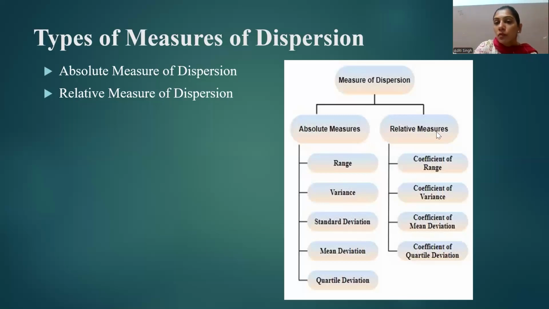If we talk about relative measures, then the relative measure is the coefficient of the absolute measure, like coefficient of range, coefficient of variance, coefficient of mean deviation, coefficient of quartile deviation.